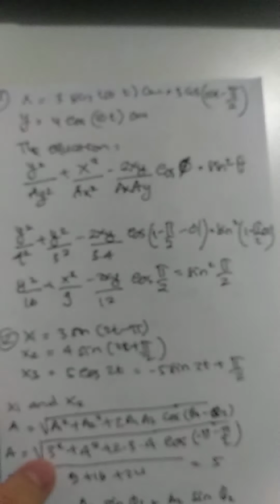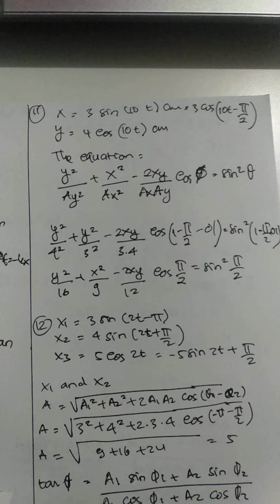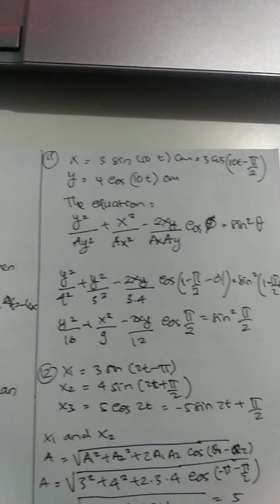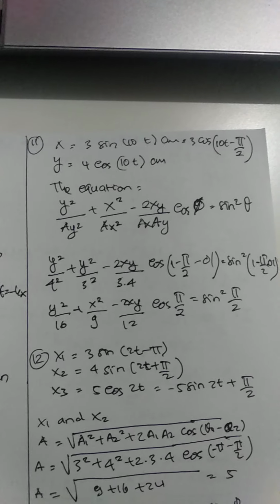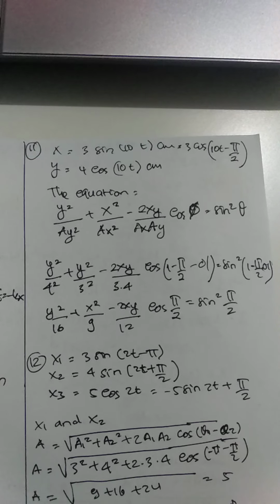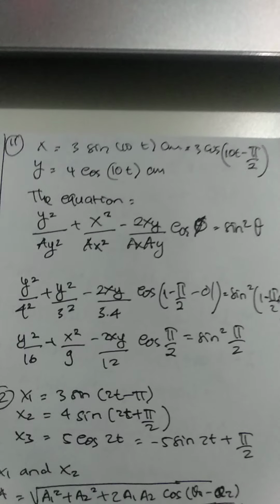So identify x equals 3 sine 10t centimeter equals 3 cos (10t minus pi per 2). The y function is 4 cos 10t centimeter.